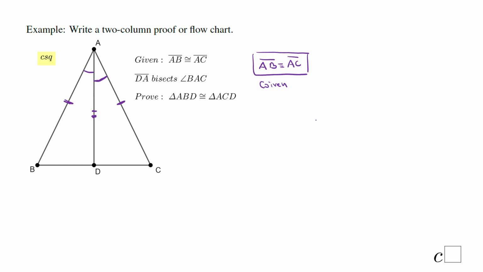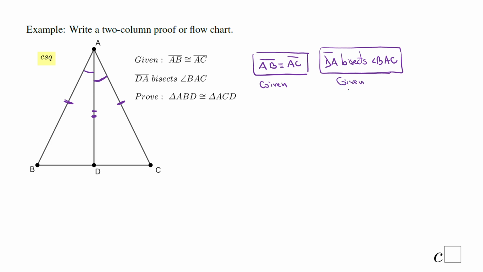So this is given. Now I'm going to go to the second thing which is given, which is the fact that DA bisects angle BAC. Okay, again, I'm going to box this, and I'm going to write the reason. Which is the reason here? Given, right? This is given to us.